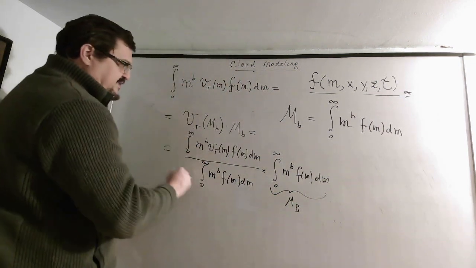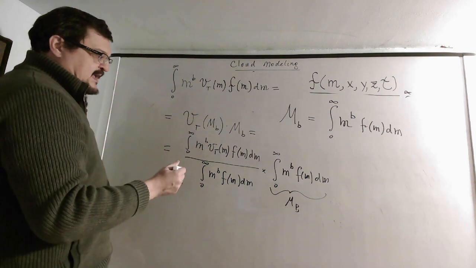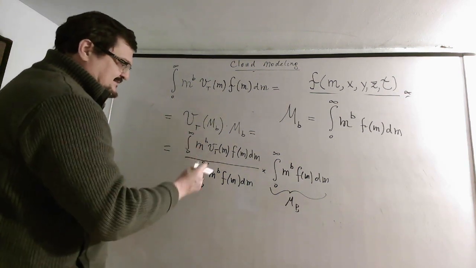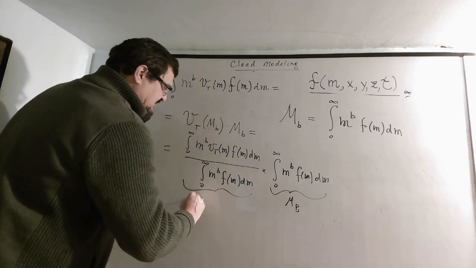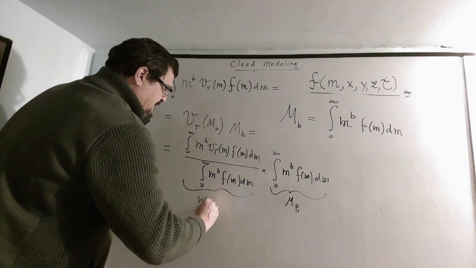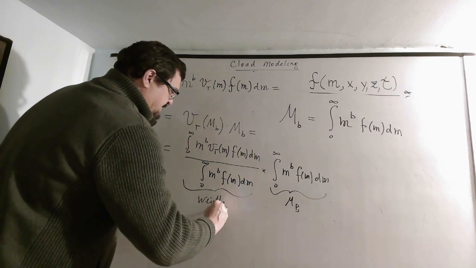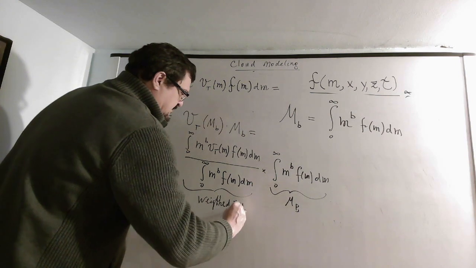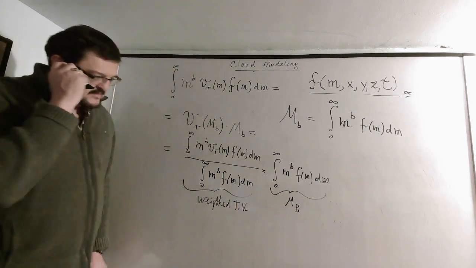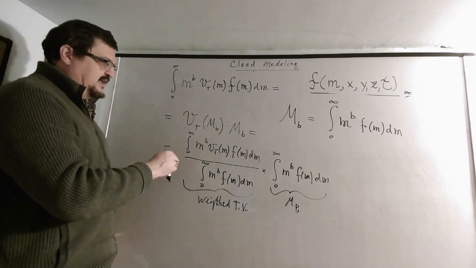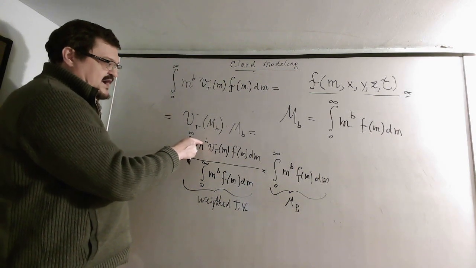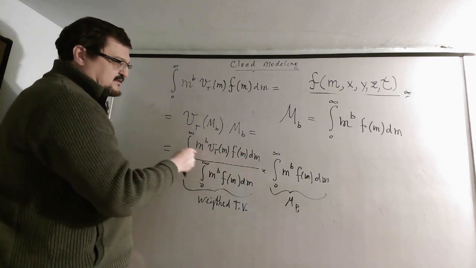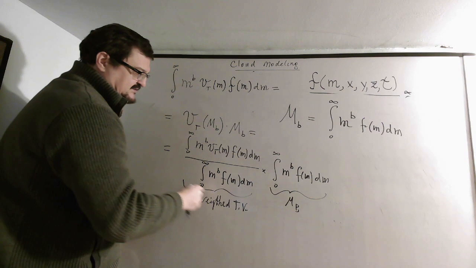So this is your m^b, and this is also your m^b. This whole thing is m^b weighted, so it's a weighted terminal velocity. It's kind of an average. For example, if b equals 1, then it's the terminal velocity of mass divided by mass.